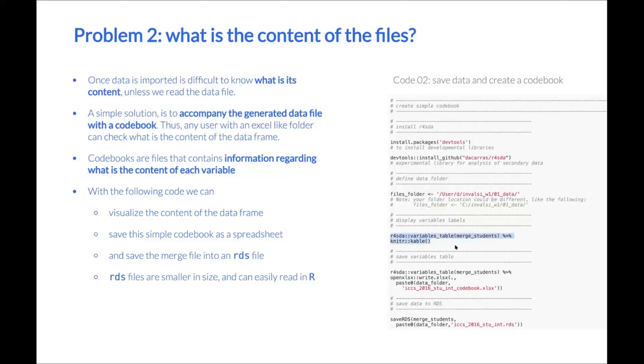The variables table function reads the data frame and extracts the descriptive information out of its content. So it's going to retrieve the variable names, create a single column of type, and extract a sample of values and the labels that you would see if you opened these files in SPSS or Stata.